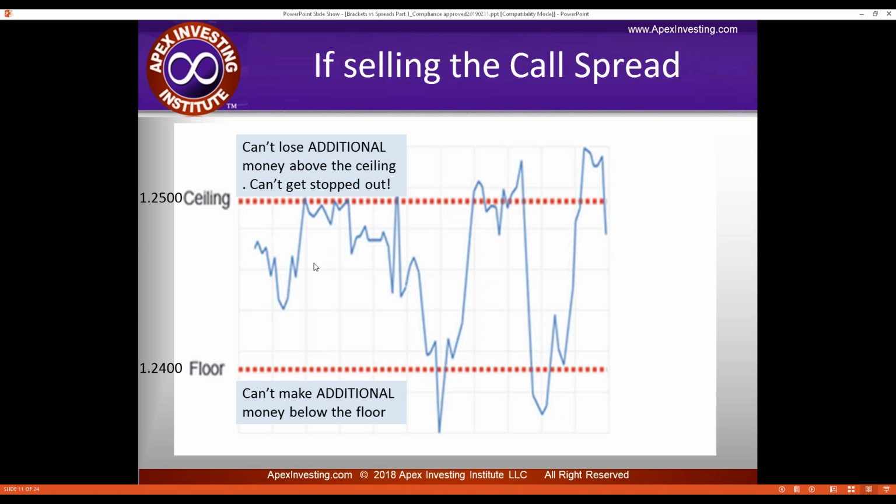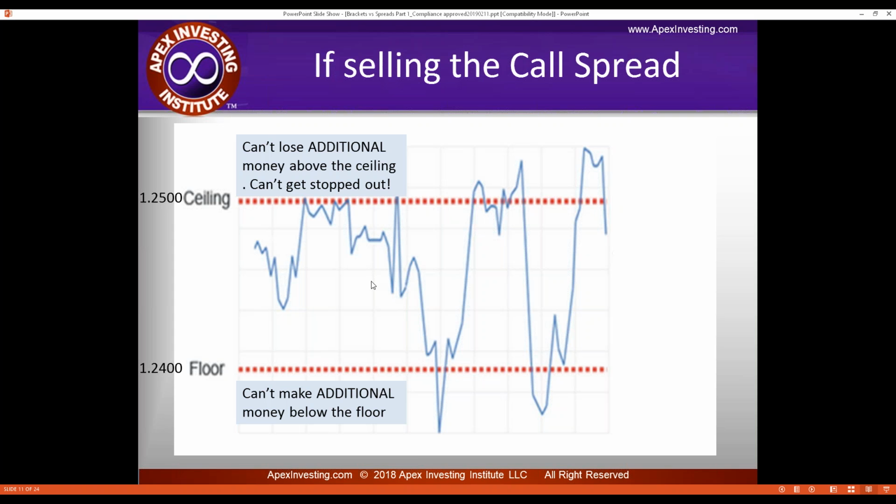If we are going short and the market does go down, we do not make additional money past the floor. So even if we're right and we are profitable, we don't profit past the floor. The floor and the ceiling are kind of the world we're living in. It caps our max loss and it caps our max profit.